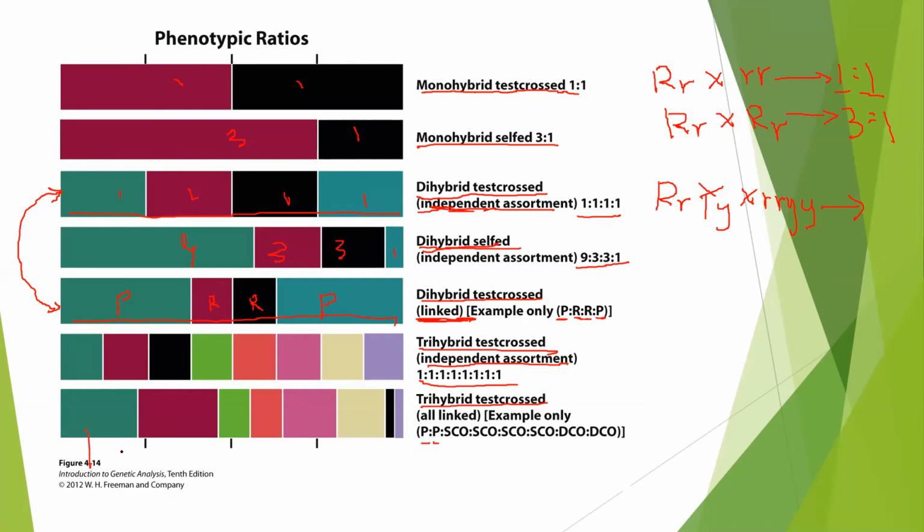The biggest 2 will be parental. The other 4 categories represent a single crossing over. And finally, we have 2 categories representing the double crossing over. That's the double crossing over. Okay, I hope this is clear. I very much like this diagram because it clearly shows the difference between independent assortment and dependent assortment, the linked genes.